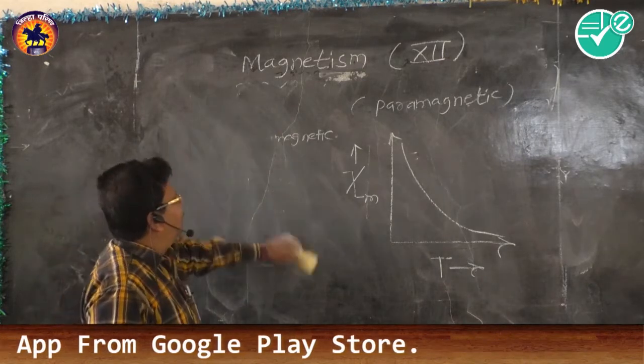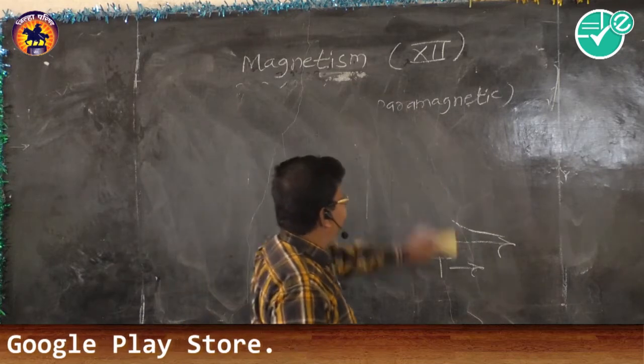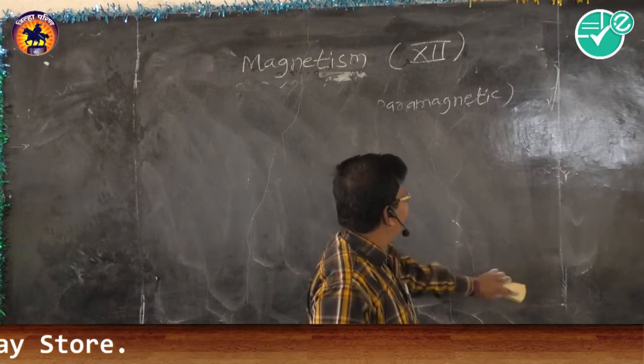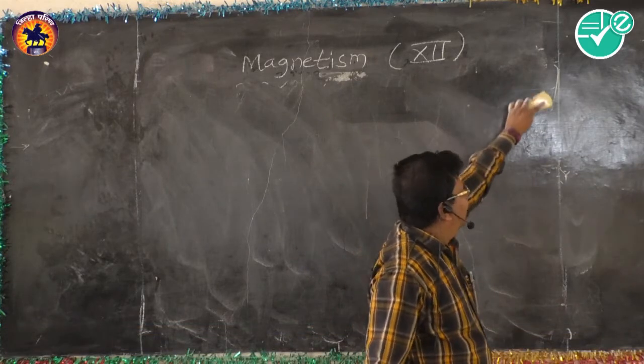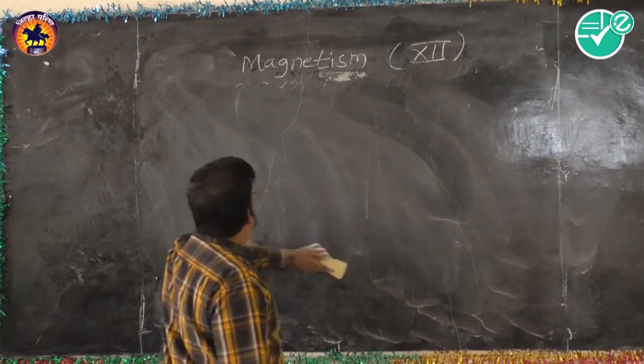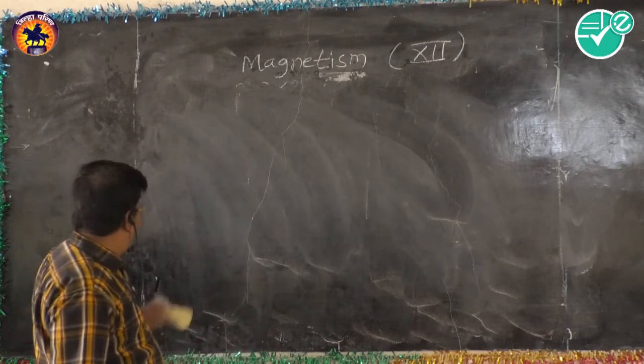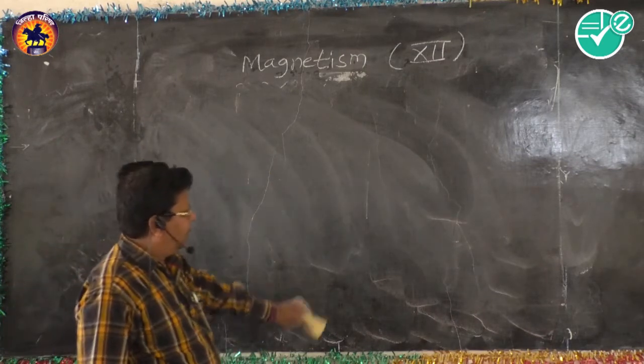Now, by using Curie's law, we can write another relationship.